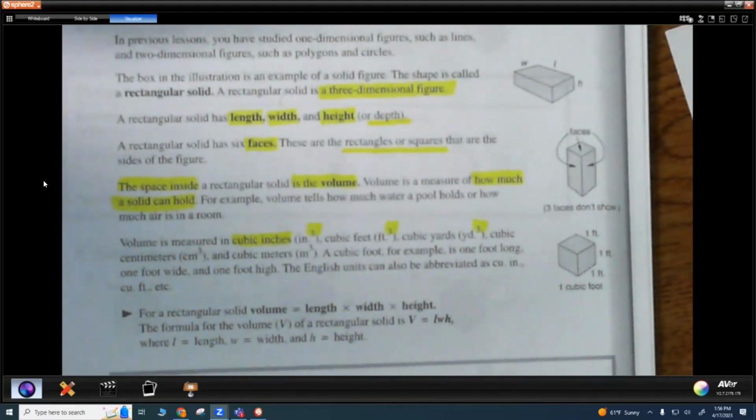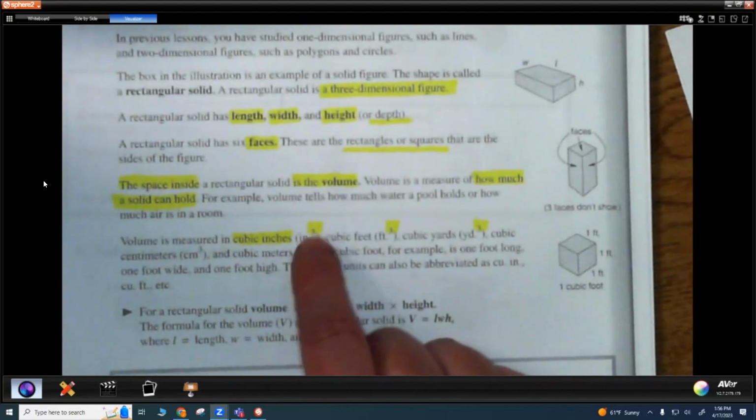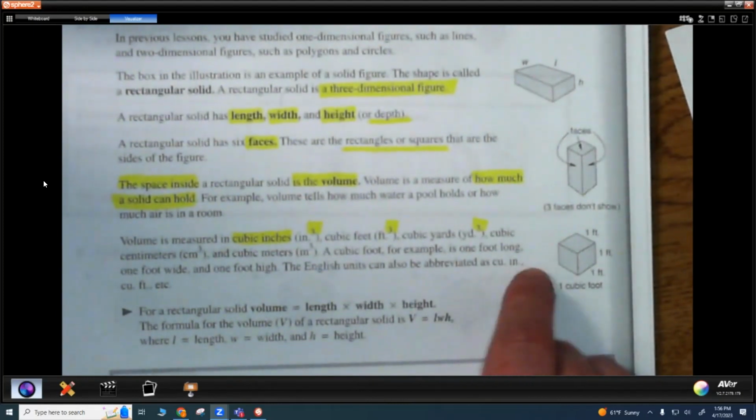So a cubic foot is 1 foot long, 1 foot wide, and 1 foot deep. If you're buying a cooler, it'll tell you the volume, probably in cubic inches or feet, depending on the size. You might see it as inches cubed, inch with the superscript 3, or they might have it abbreviated like this.